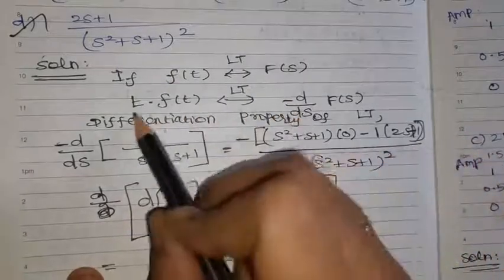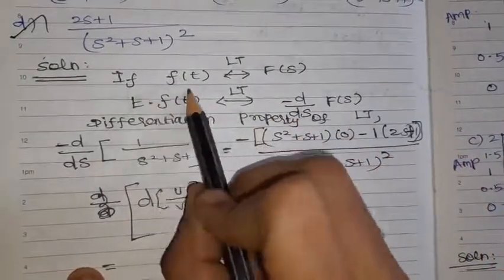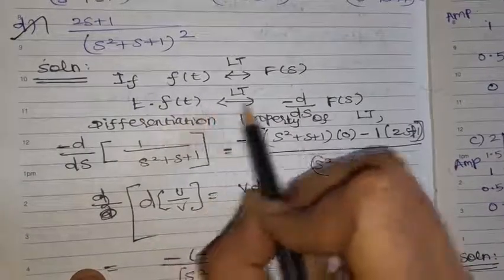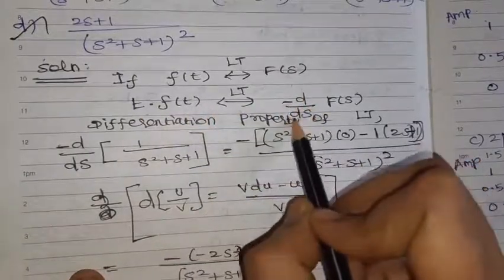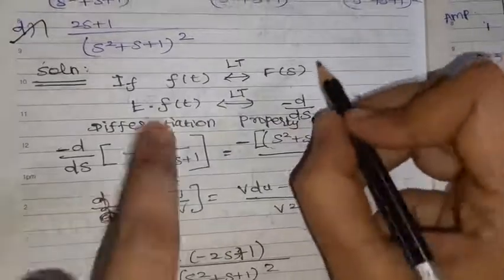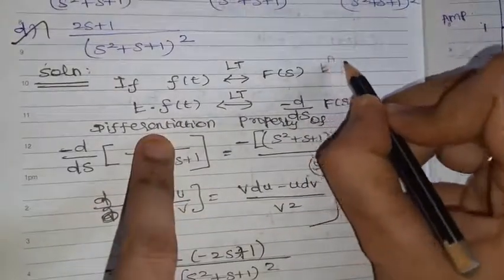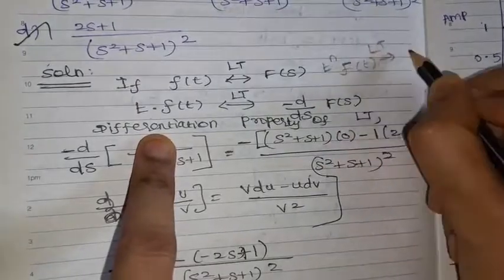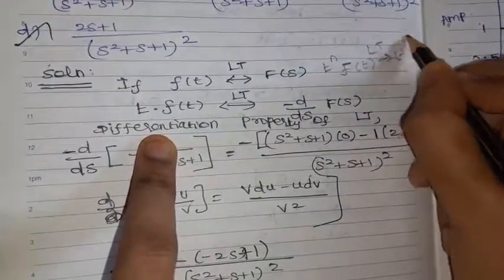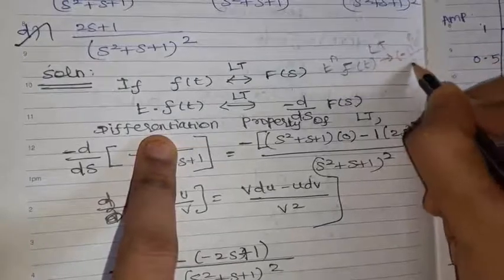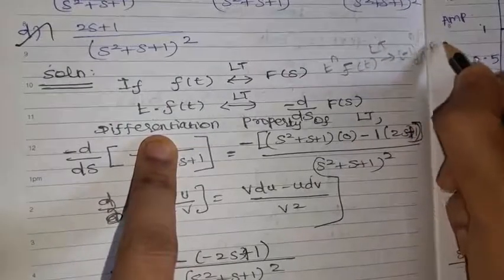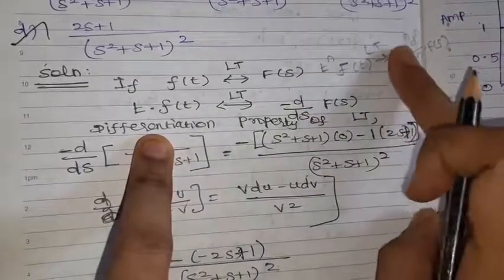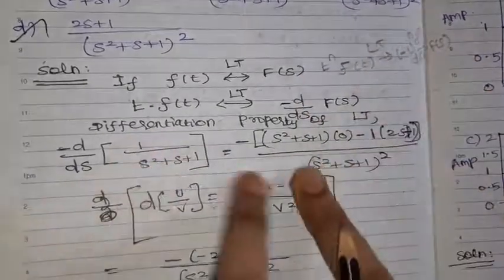If the Laplace transform of f of t is F of s, then t into f of t is nothing but minus d by ds of F of s. In general, t power n into f of t has Laplace transform minus 1 power n, d power n by ds power n of F of s. Okay, so this is t power 1. So minus 1 power 1 d by ds. Substitute n equal to 1.